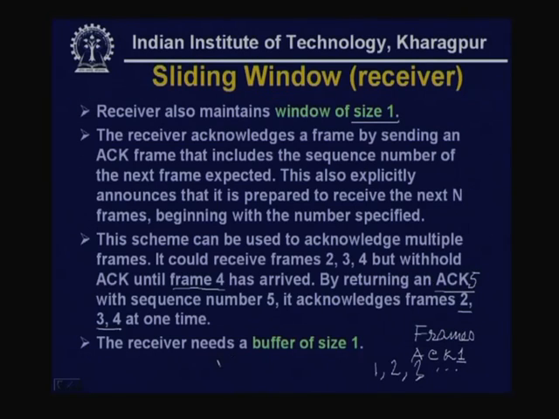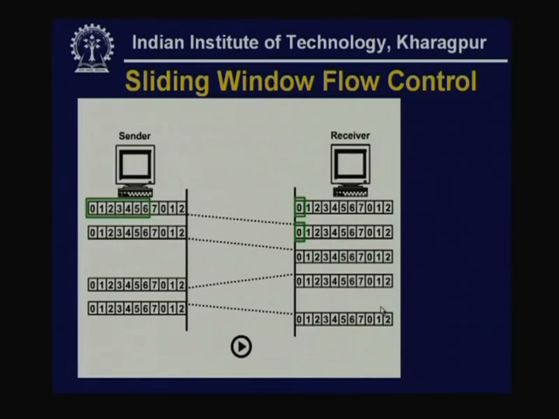And in the receiver, as I said, since the window size is 1, it will require a buffer of size only 1, because at a time it is receiving 1 frame and then passing it on to the next higher level. Let us see how it actually works. As you can see here, we are using k equal to 3. So, our window size is 2 to the power k minus 1, that is 7.